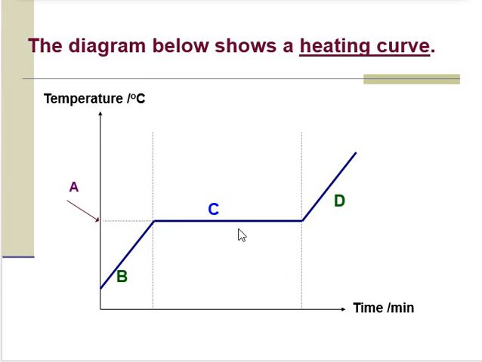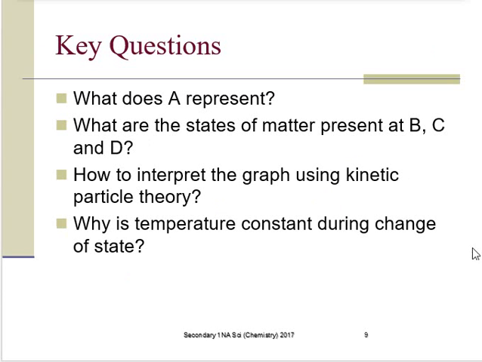As you can see, the graph goes up. There's an increase in the temperature from part B, and then in part C of the graph, the temperature remains constant, and after that in part D of the graph, the temperature continues to increase again. So this diagram is what I call a heating curve.